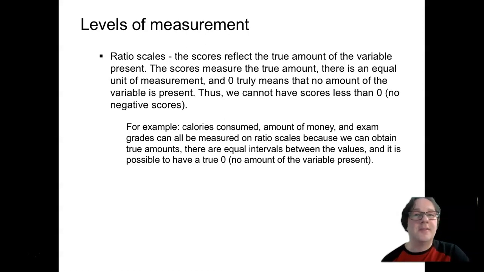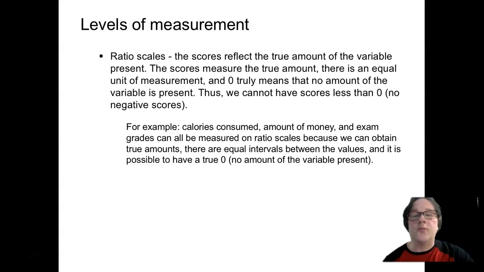It's a little bit of a subjective scale, especially if I'm doing a 1 to 10. Even if I threw in a 0 to 10, a 0 is kind of arbitrary because what a 0 happiness is for me might be very different than what a 0 happiness is for you.